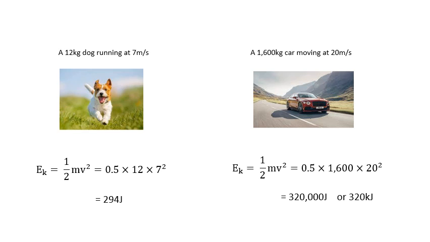And the second one, a half mv squared, you should get 320,000 joules or 320 kilojoules. If you do 320,000, put a comma for the 1,000, and it makes it a lot easier to read, and you're much less likely to make a mistake about how many zeros you write down.